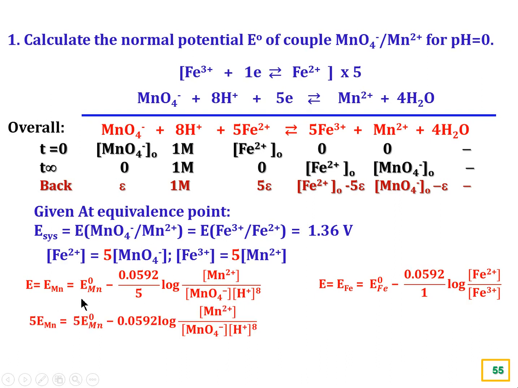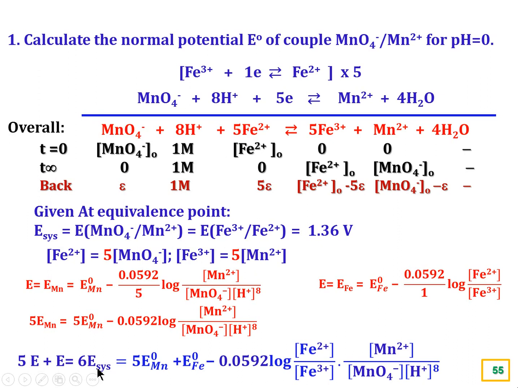So we multiply by 5, so 5E equals 5E0 minus 0.0592 log the ratio of the concentrations, and we add E and 5E. We obtain 6E equals E0 of Mn plus 5E0 of Fe minus 0.0592 log of Fe2+ divided by Fe3+ times Mn2+ divided by MnO4- H+ to the power 8. Since we apply the potential at equivalence, these concentrations are the concentrations at the equivalence point.